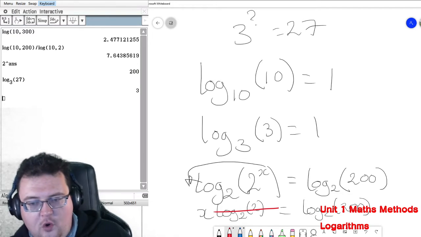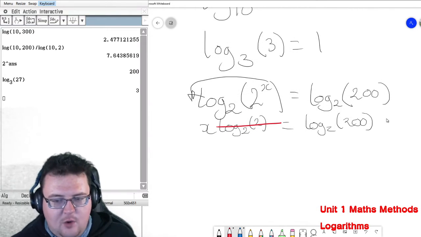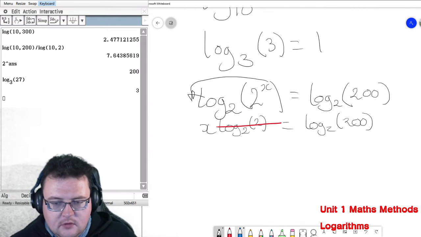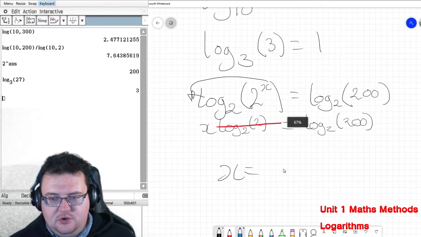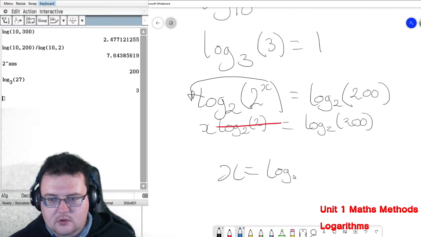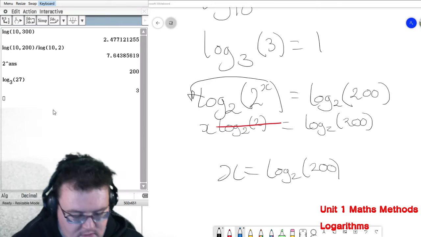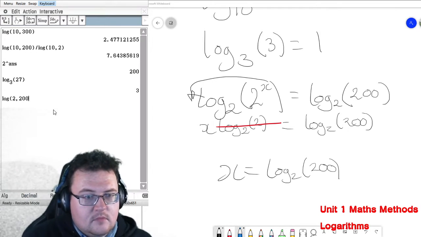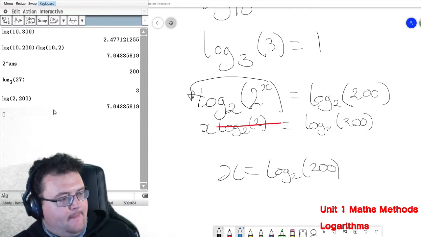So I now know that the exact answer that I want is just x is equal to log 2 of 200. And then I can put that into my calculator. And it comes out the same answer as what we had before.